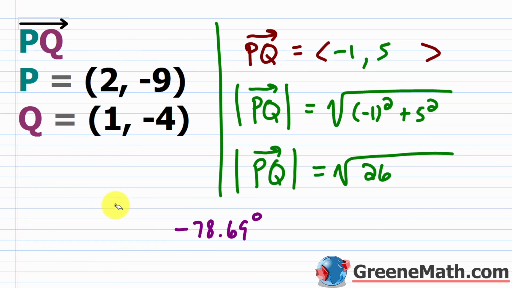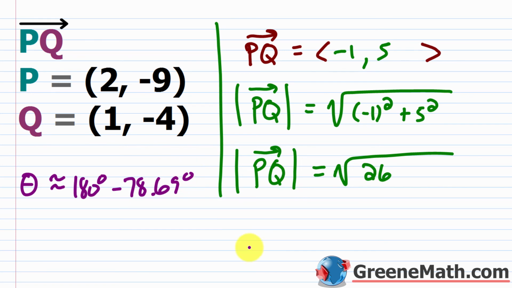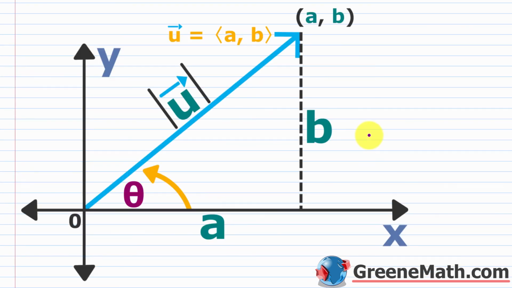So I'll get rid of the negative sign and say theta is approximately 180 degrees minus 78.69 degrees, and that's going to be about 101.31 degrees.